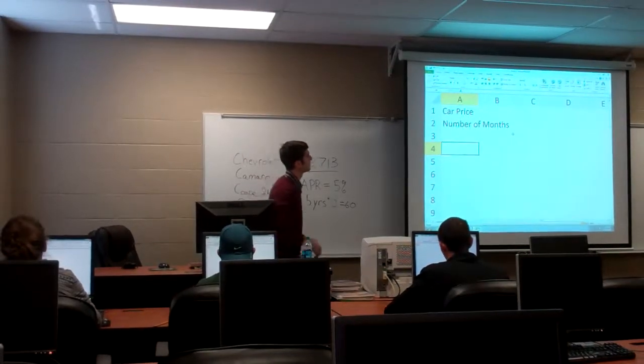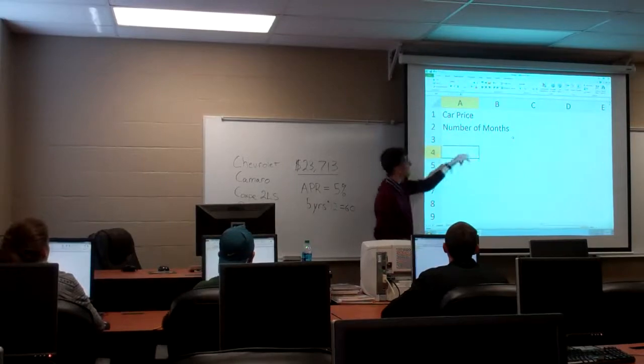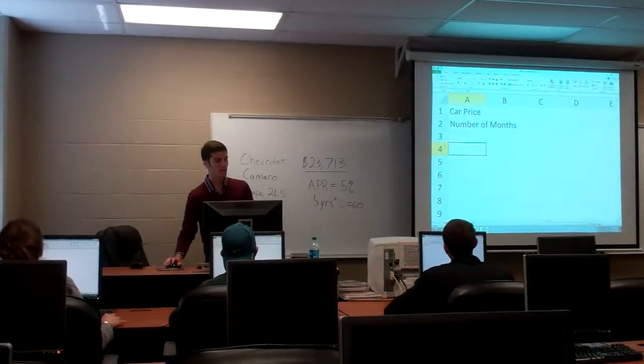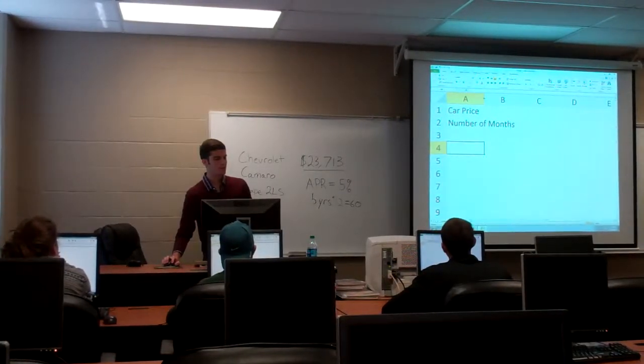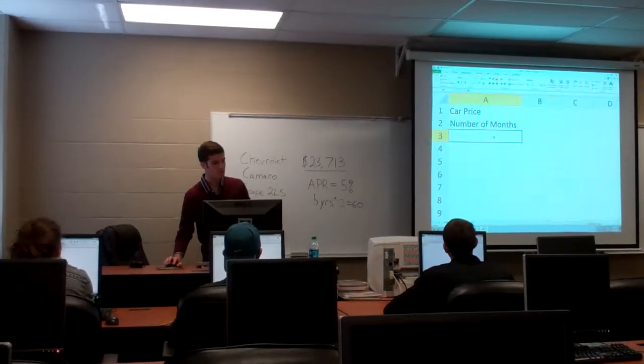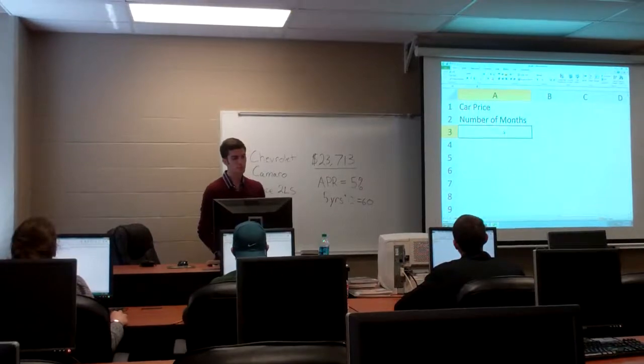Now, as you can tell, the text here doesn't fit all the way in cell A2. So you're going to want to put your cursor in between columns A and B, where you get this icon, and double click, and that'll auto size it for you. Go ahead and do that if you need to on your screen.